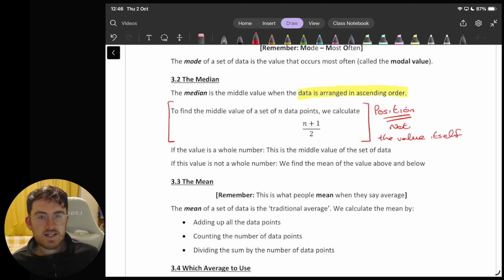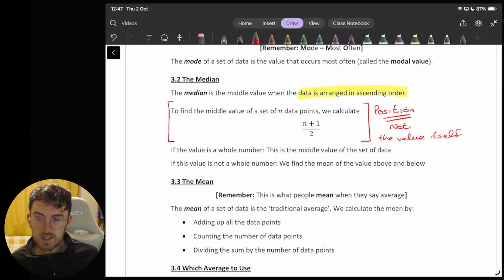If we have an odd number of data points, then there is going to be a clearly defined middle value. If we have an even number of data points, then our middle value is actually going to fall between two of the given values. So if, for example, I have 10 points in my data set, the middle value would be between the fifth and the sixth value.